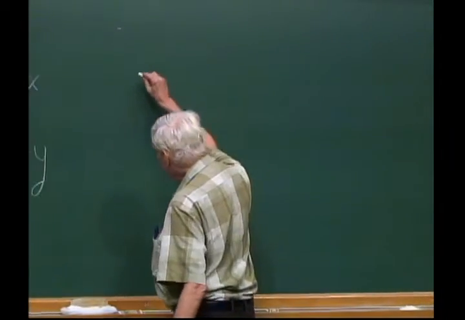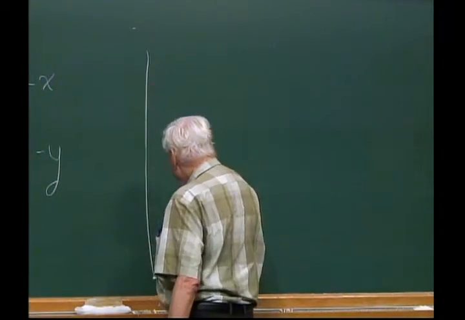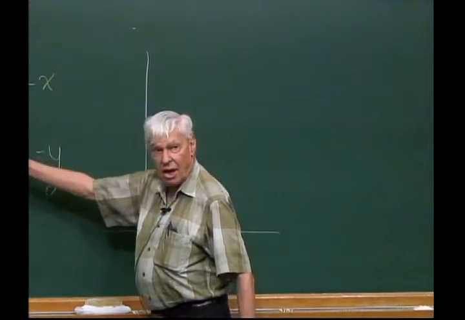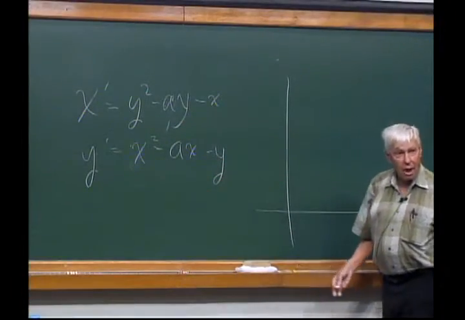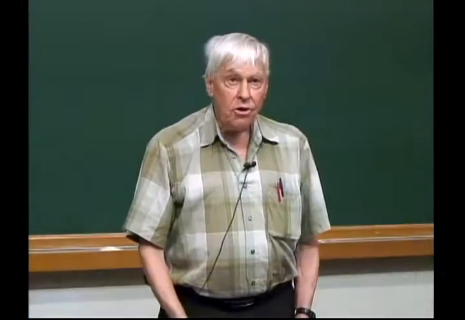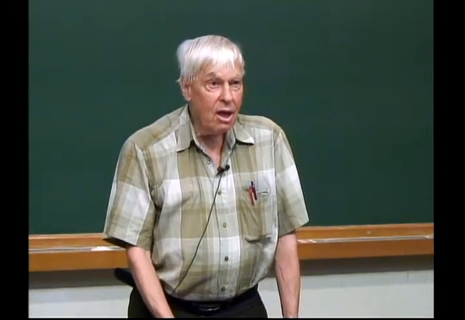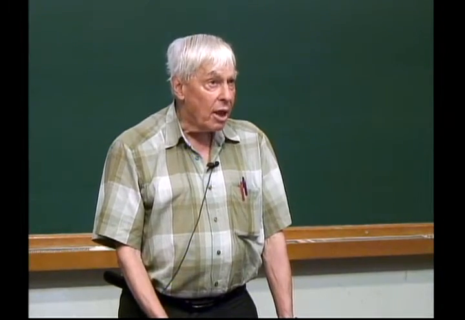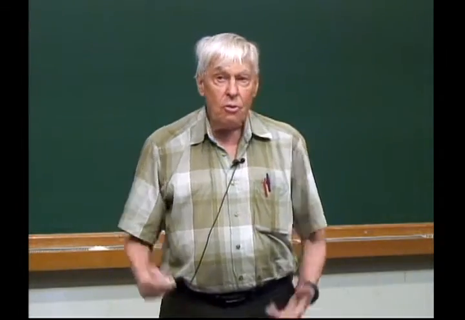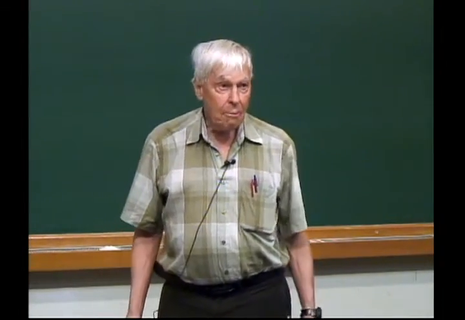Okay, so here's some pictures. You see, this is all just parabolas. Everything is parabolas. So what we're doing now is looking at a geometry of parabolas, which has got a lot of appeal to it. Everything can be seen in terms of parabolas with one or two parameters.